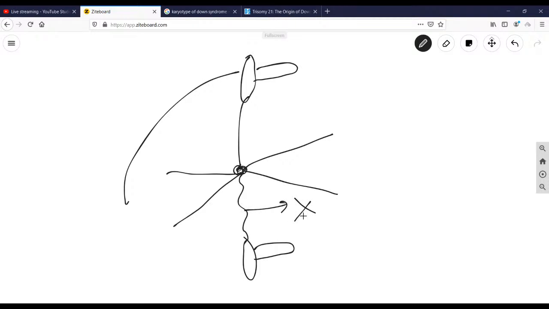So if this is ceased, how will this reach its length? This will reach the kinetochore of the centromere by polymerizing. So each subunit is alpha beta, then again alpha beta. So if I stop this polymerization, it will cease its growth.